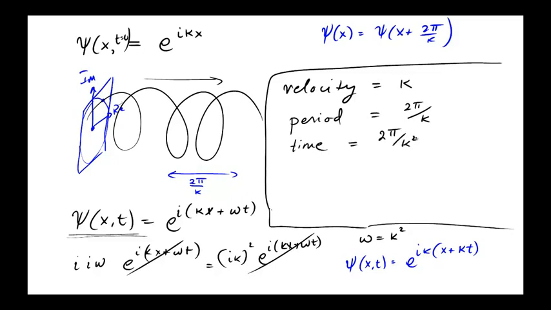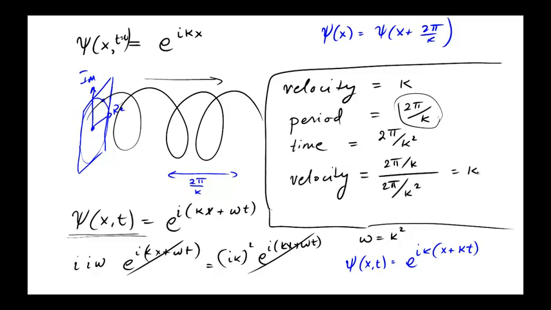And so the apparent movement of this slinky in one full rotation of the phase is 2 pi over k, but this happens in time 2 pi over k squared, so the apparent velocity is this over this. So it's 2 pi divided by k over 2 pi divided by k squared, which is k.